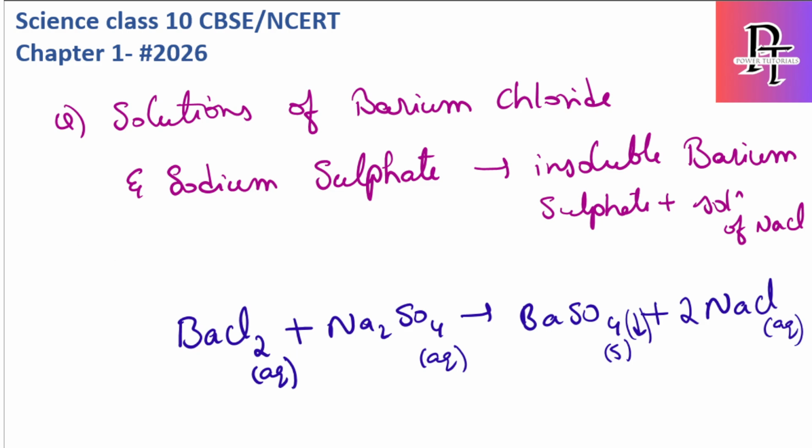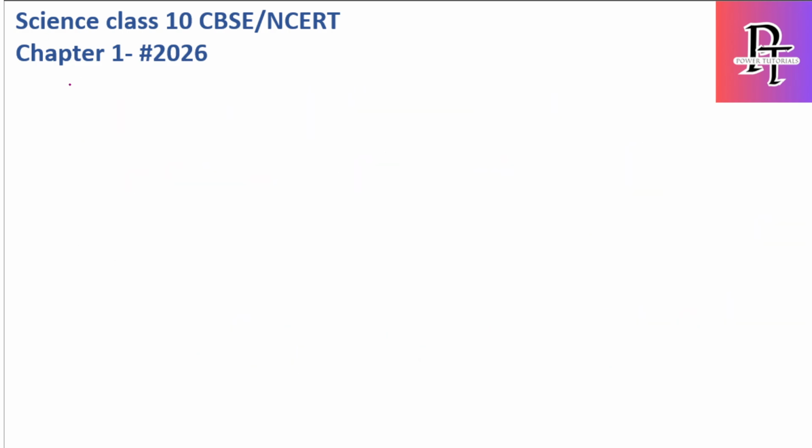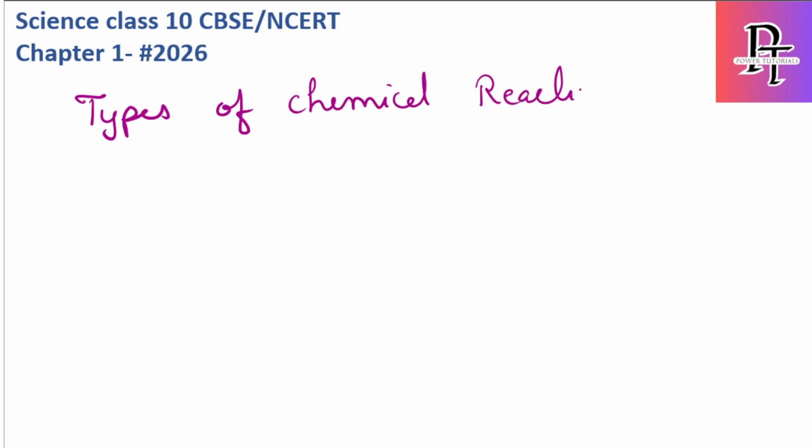So let's go to the next topic now, which is types of chemical equations or types of chemical reactions. So total we have 5 types of chemical reactions.